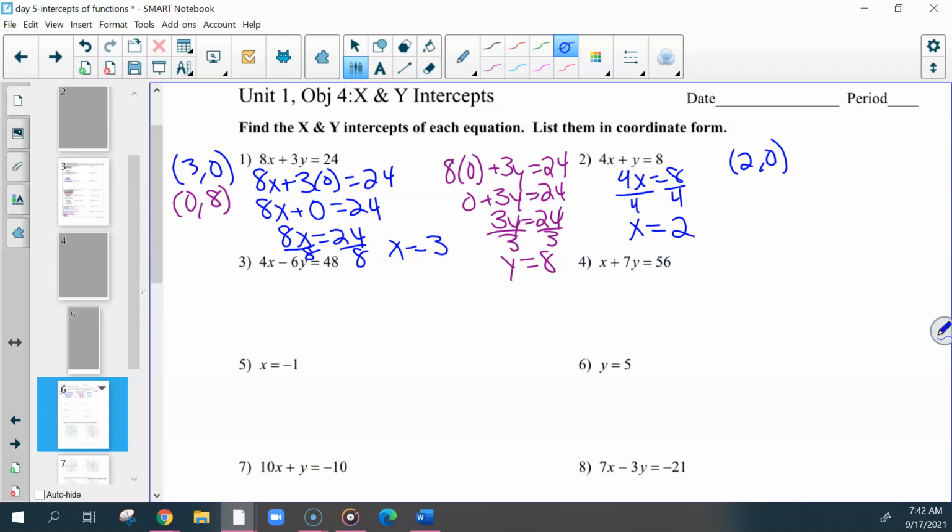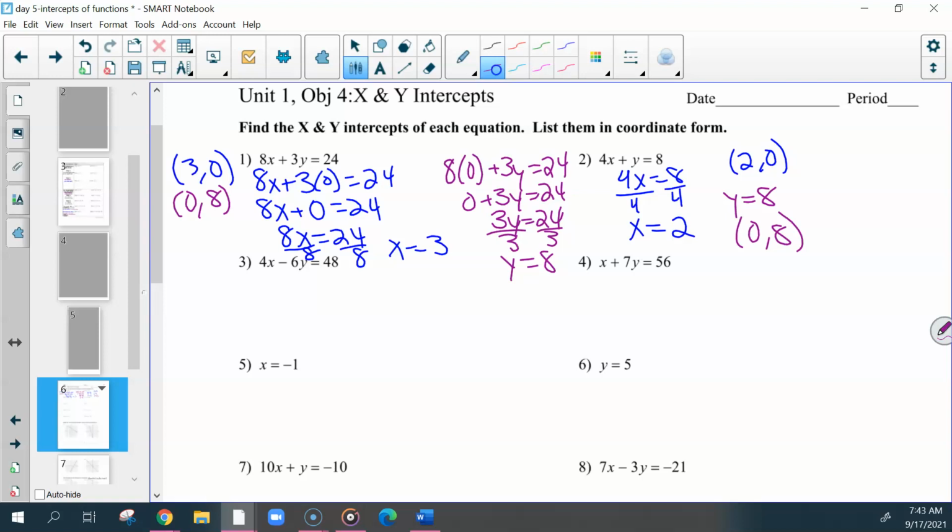Sometimes you'll have terms that don't have numbers in front, or coefficients, which means when I set that term equal to whatever the end result is, there's nothing I need to solve for. That is my y-intercept or x-intercept, whatever it is. So yes, there is an imaginary 1 in front of y, but dividing both sides by 1 wouldn't change anything.